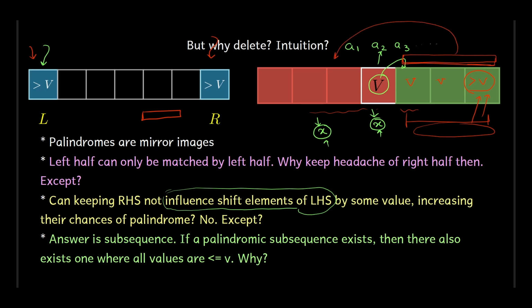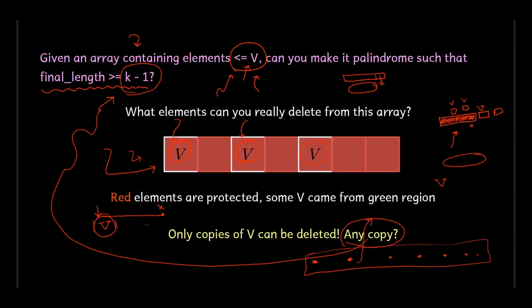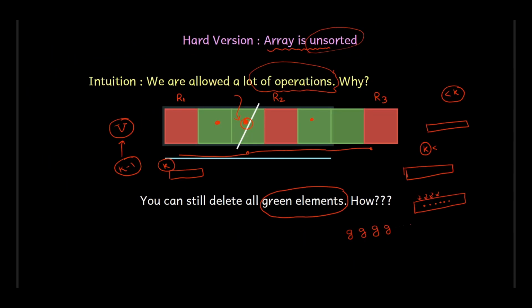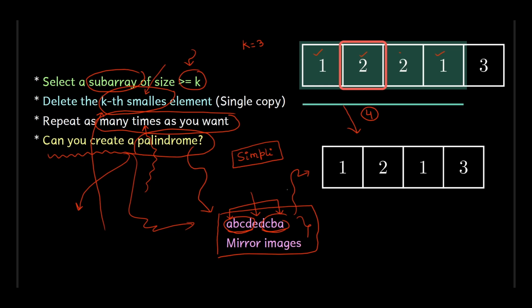But in this problem, I showed you that there are no consequences if you delete this. And all of this was made possible because of the properties of palindromes, that they are mirror images of each other. So why maintain the headache of maintaining the entire number line when you could just maintain this set of elements and then you can try to match them against this, because one element from this set cannot be matched with one element from this set.